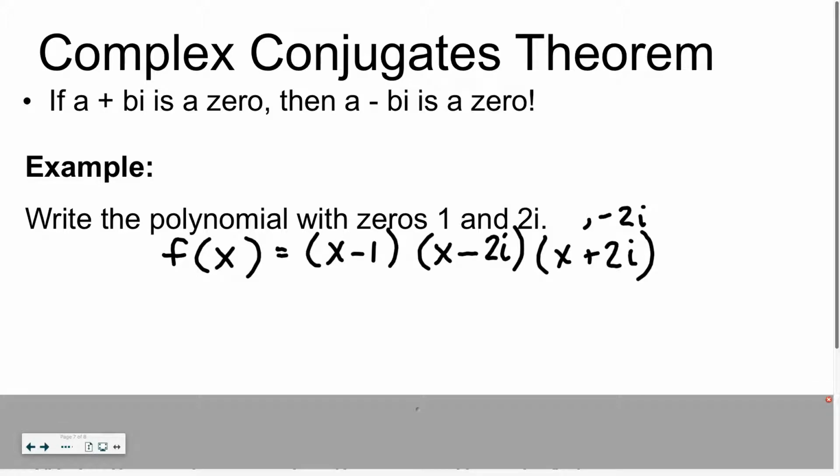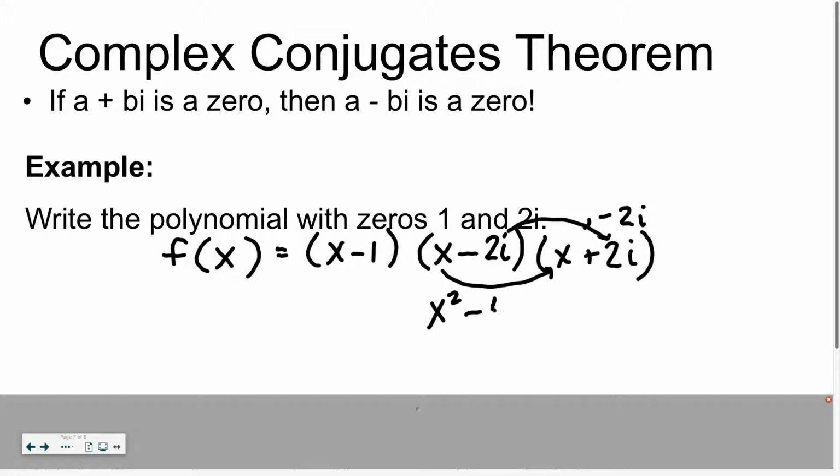Those are easy to multiply, right? If you want to FOIL them out, you could. x times x is x squared. I'm going to do my outside and insides together: plus 2ix minus 2ix, canceled out. And the only other thing I really need is negative 2i times positive 2i.